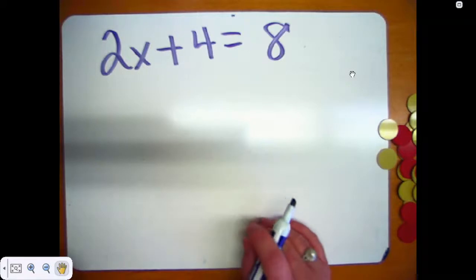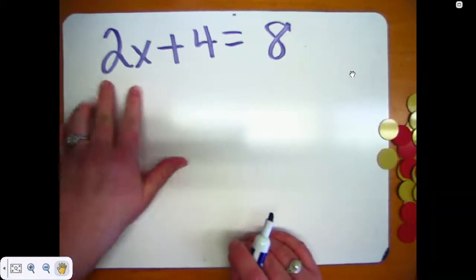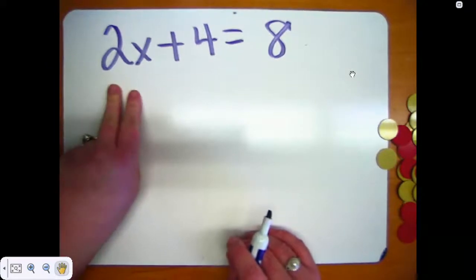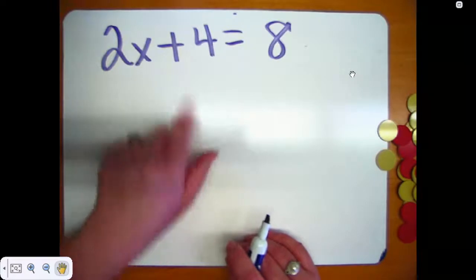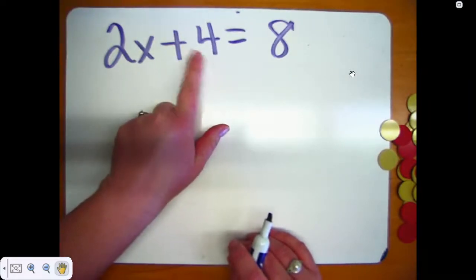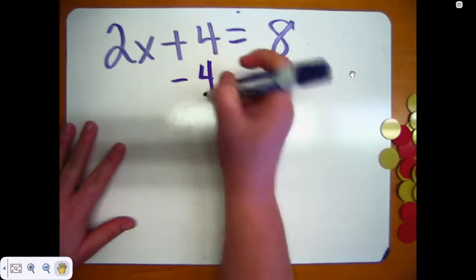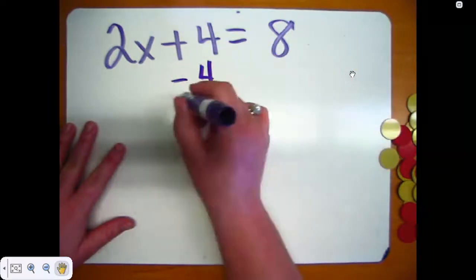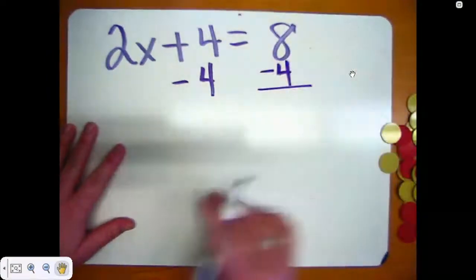What would we have done first? We would have wanted to isolate our variable, which is this 2x. So we would do the additive inverse of 4. So this is positive 4, so if we add the opposite, we would do negative 4. And if we did negative 4 to this side, we would also do negative 4 to this side.